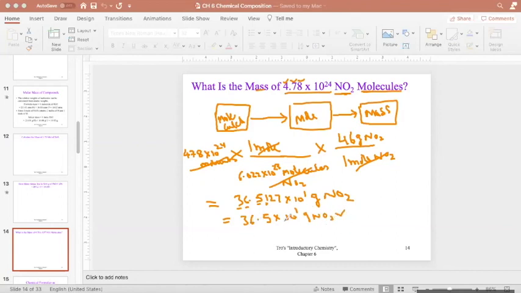Or if you have to convert this scientific notation into a standard form, you can write like this. Then if you open the 10 to the power 1, you will get 365 grams of NO2. This can be your answer too in standard form. So you have both the answers. But the important thing is this solution map. You need to know how to use these boxes, right? The pathway.